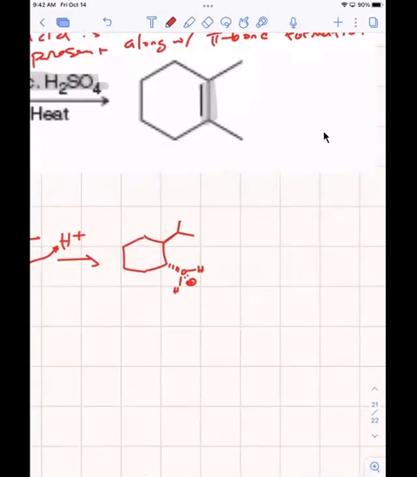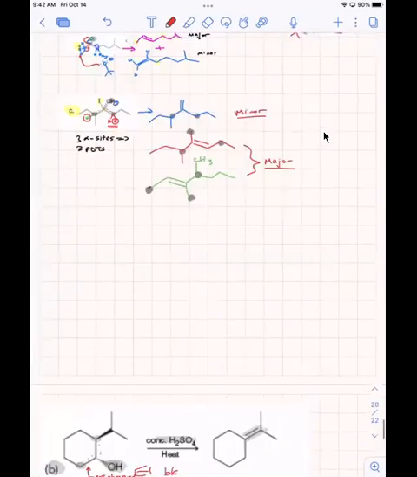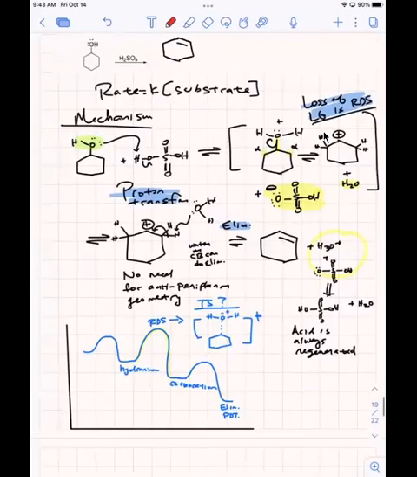All right, now what? What happens once I do that proton transfer? What happened up here when I did the proton transfer?